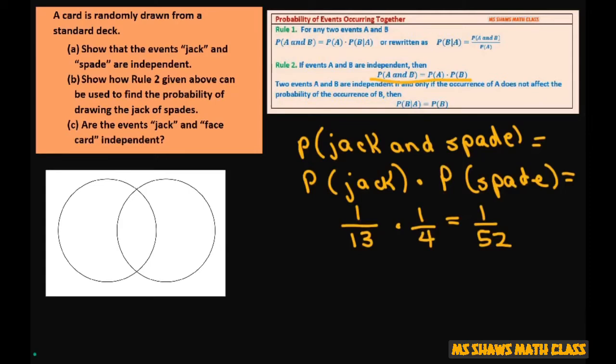So that's just using that. Now, let's look real quick at rule 1. Rule 1 could be written like this.